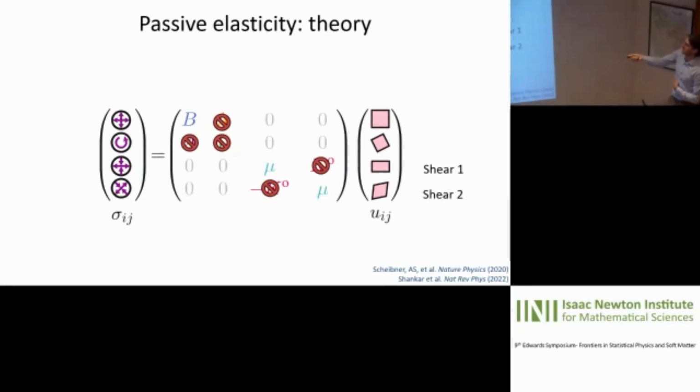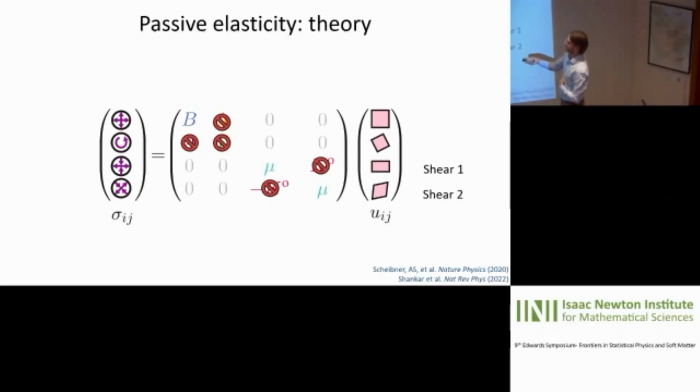And the proportionality between those two is the bulk modulus, which is the inverse of the compressibility and common to both fluids and solids. What defines an elastic solid then is this other number, which relates a shear strain here to the same shear stress. And this proportionality constant is the shear modulus that we're all used to, and these are the only two numbers that can enter this elastic tensor.